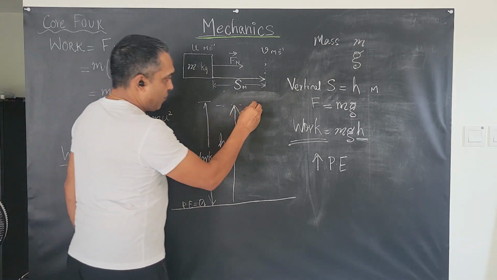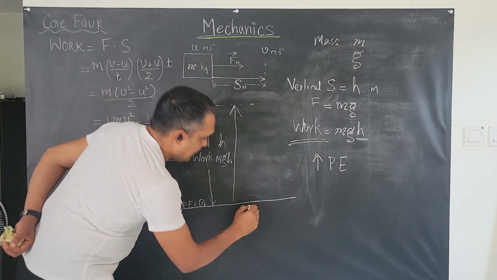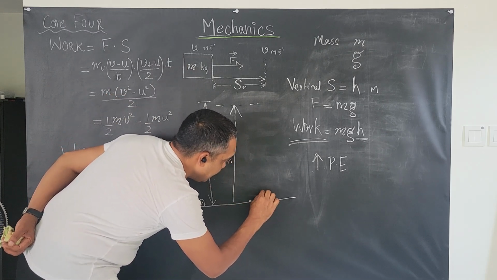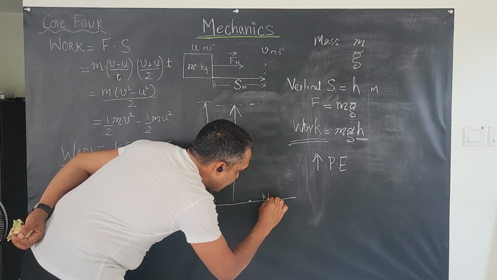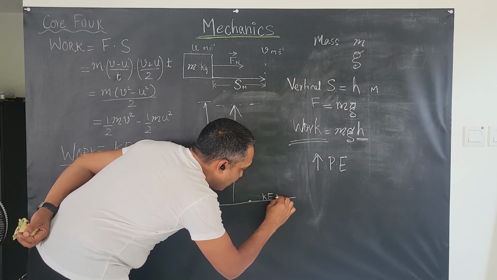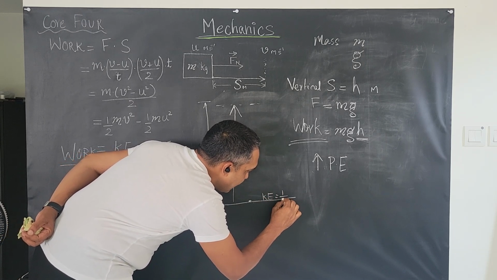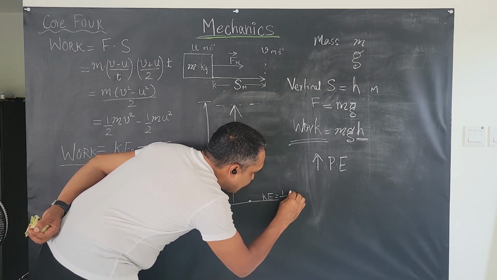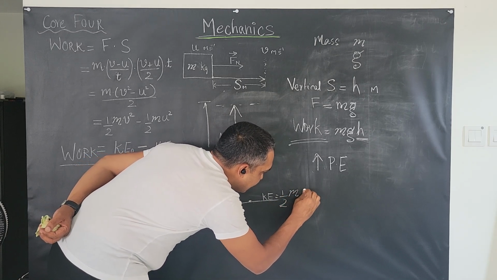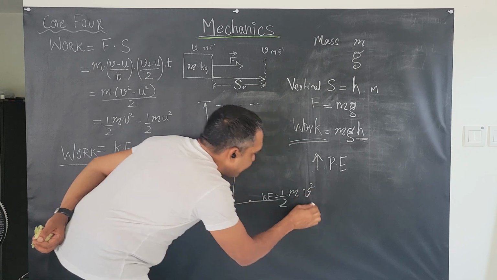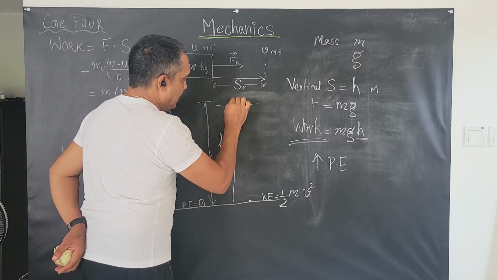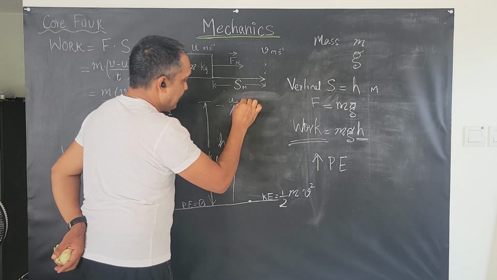When I dropped it, it came down here with a kinetic energy of 1/2 times its mass times its final velocity squared. Here, initial velocity was 0.